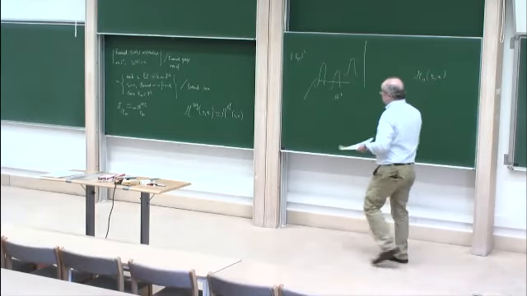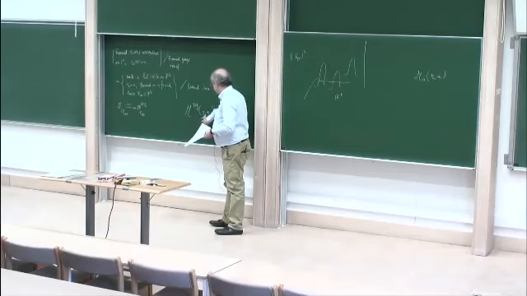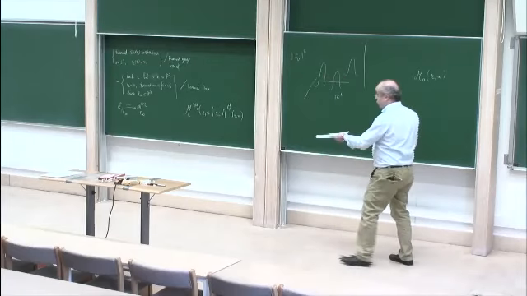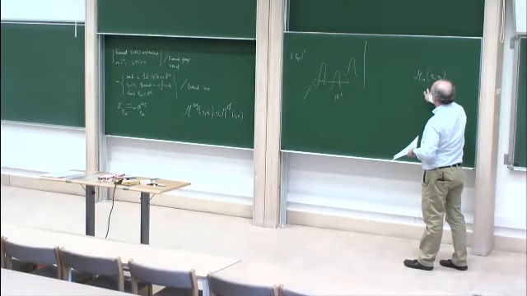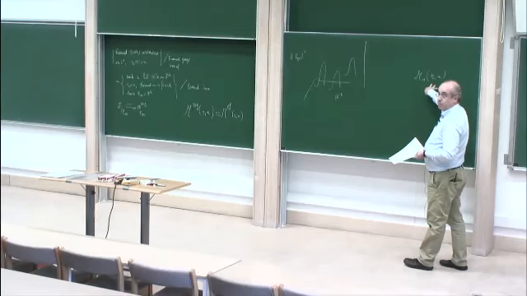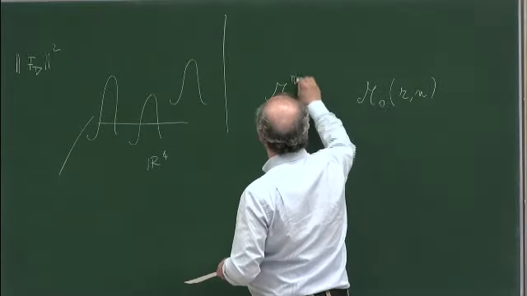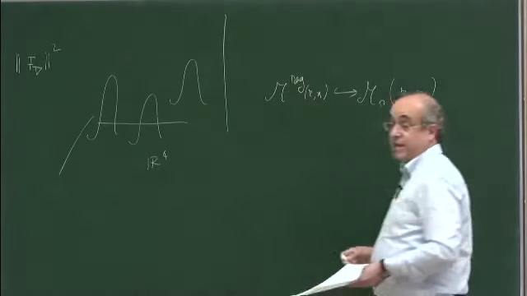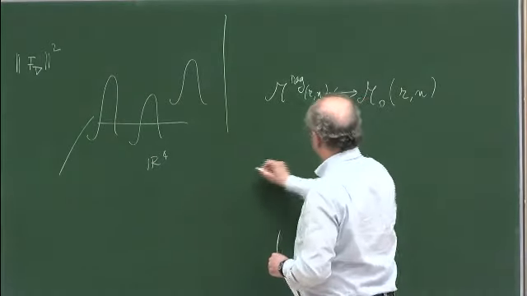Using ADHM data, you can also see that this is a smooth variety. But when you perform this operation, what you get is a singular variety. So what happens is that this space sits inside as the smooth locus.